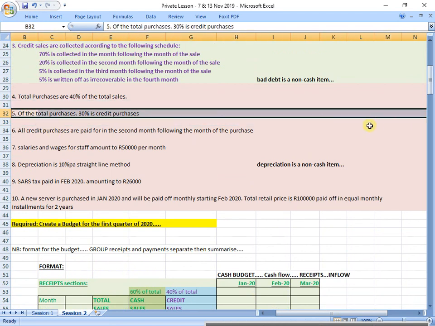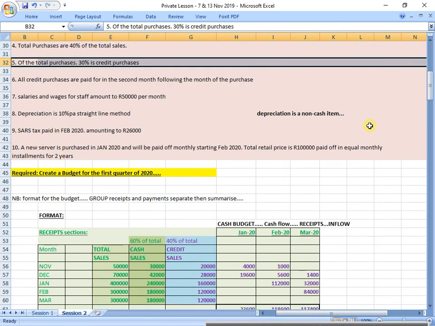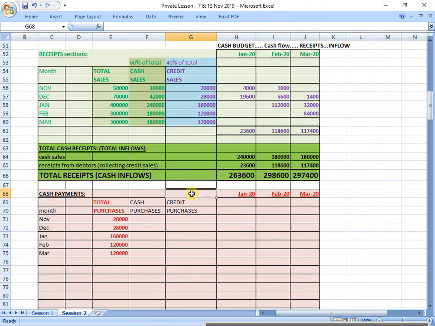Of the total purchases, 30% is credit purchases. So what does that tell me about the total? 30% is credit and 70% is cash. Does that make sense?